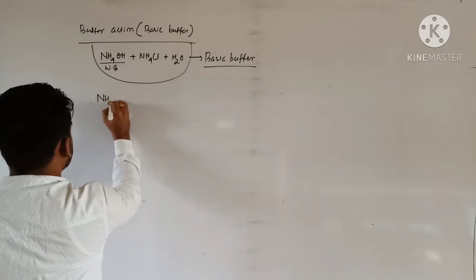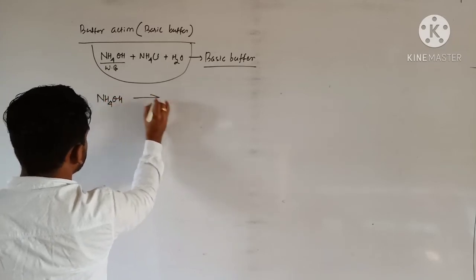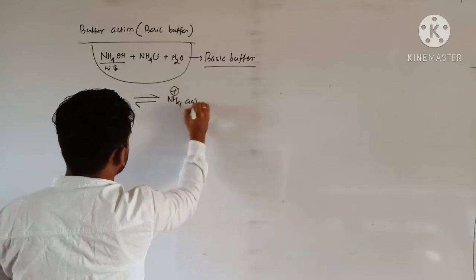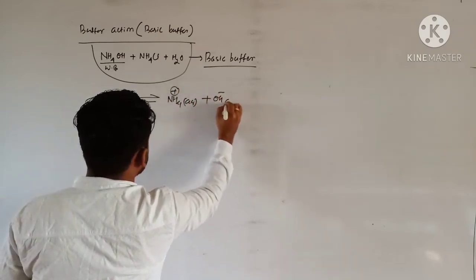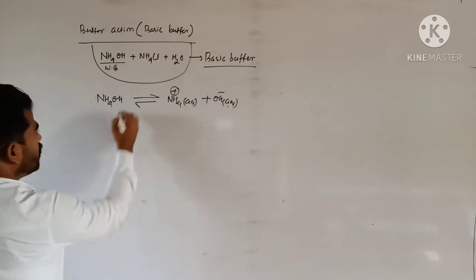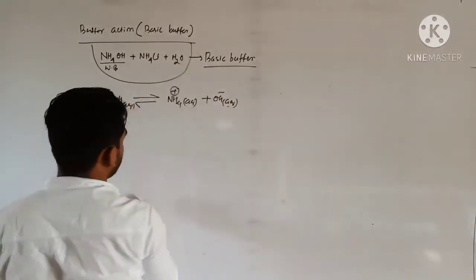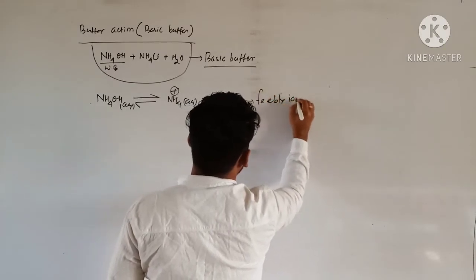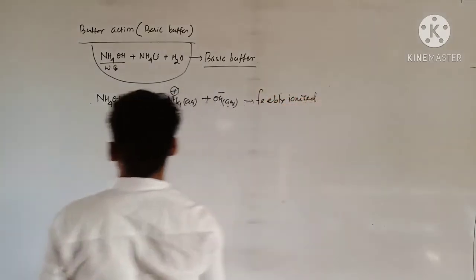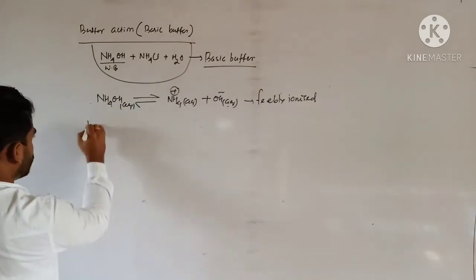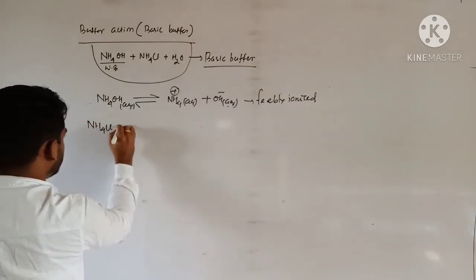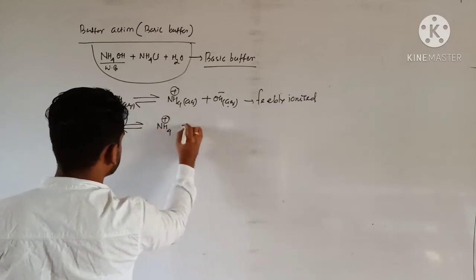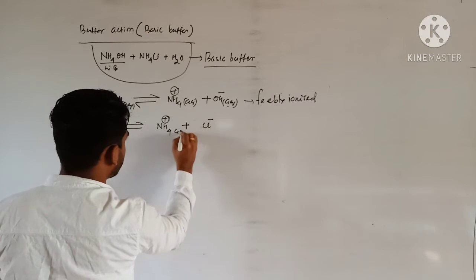So what are the possible equilibria over here? The basic component NH4OH gives rise to weak electrolyte NH4 plus OH minus. Clear? So this is feebly ionized. Next equilibria, salt NH4Cl, it splits into NH4 plus Cl minus.